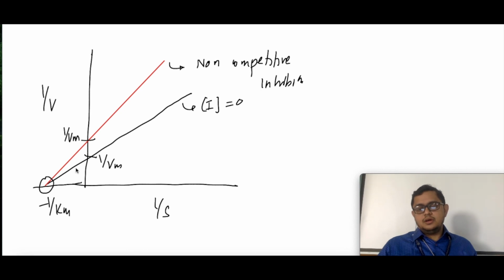So this is how we need to find out whether the inhibitor is a non-competitive inhibitor, right. This is how we need to develop the MM equation for a non-competitive inhibitor. Thank you.